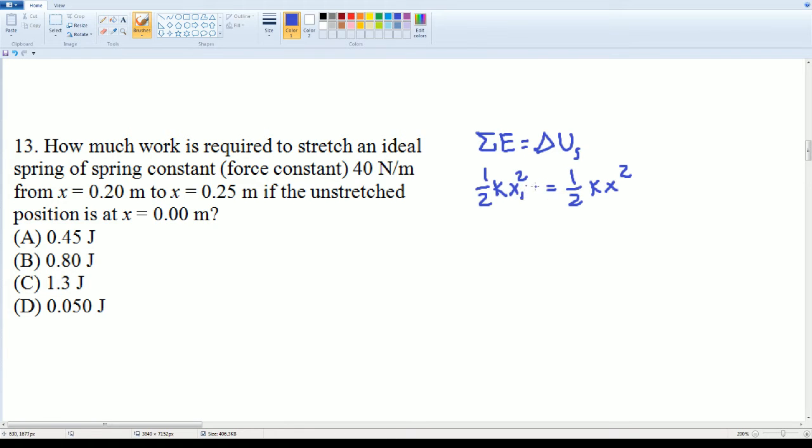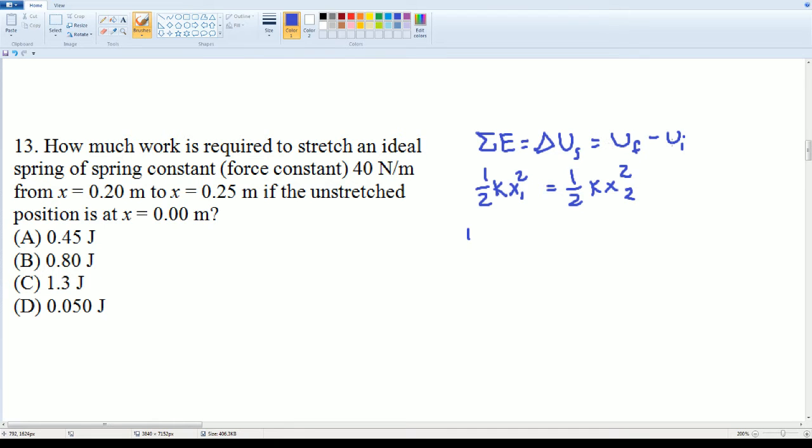Again, this is initial, and this is final, if the unstretched position is 0. So how much work is done? You wouldn't have to bring this to the other side, because it's final minus initial, right?